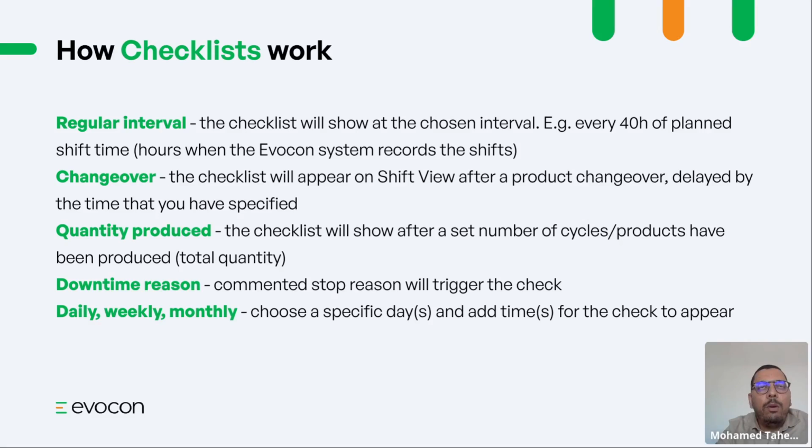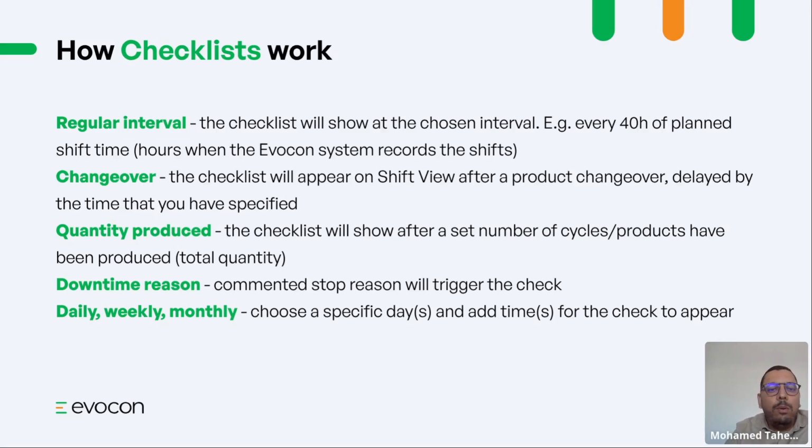But before Evocon, we had no idea how many real hours we were working, so we were changing systematically, every 4 weeks, for example. With this feature, because Evocon counts the quantity produced with accuracy, it can tell you to change the filter after 1,000 hours of working, which is equivalent, let's say, to 10,000 bottles or boxes.